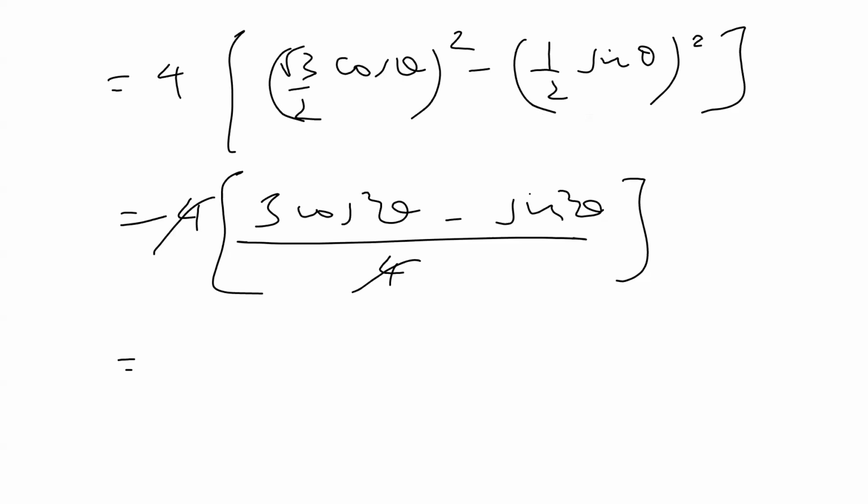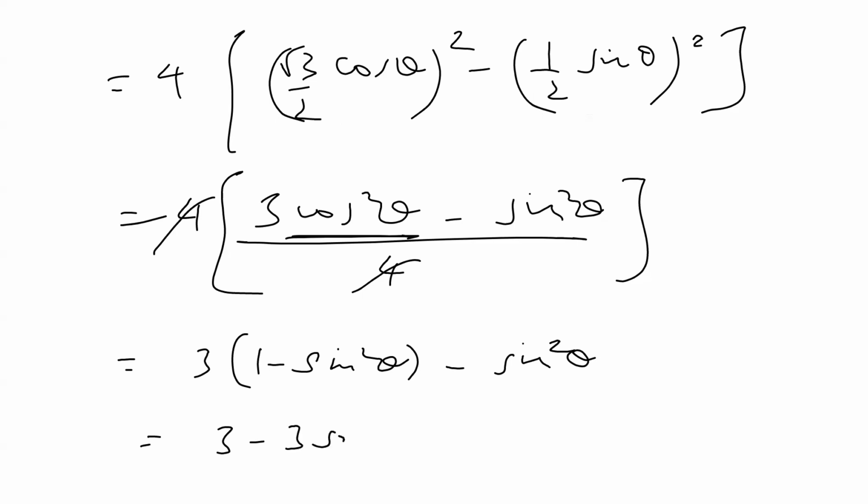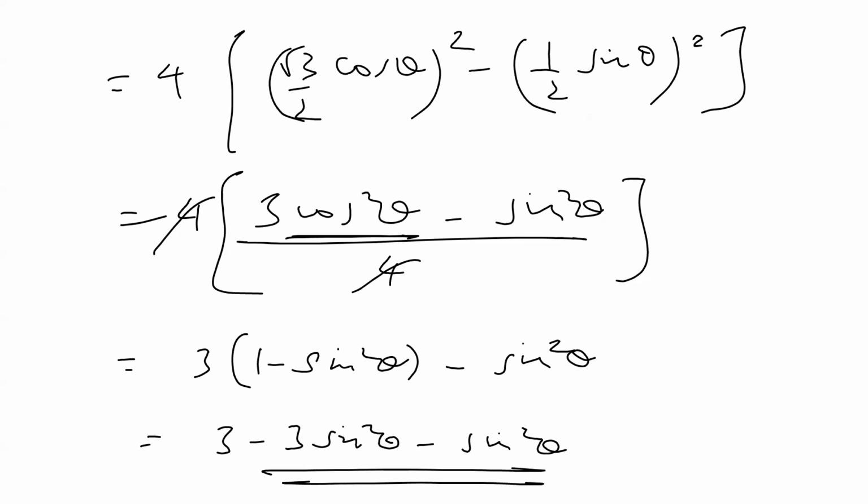Now right hand side we don't require a cos term, so eliminate cos square by 1 minus sin square. So 3 minus 3 sin square theta minus sin square theta. This is going to be minus 4 sin square theta. Hence proved.